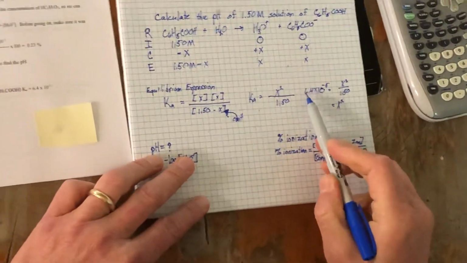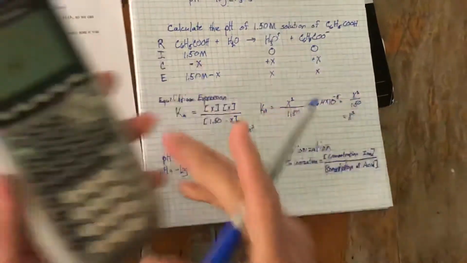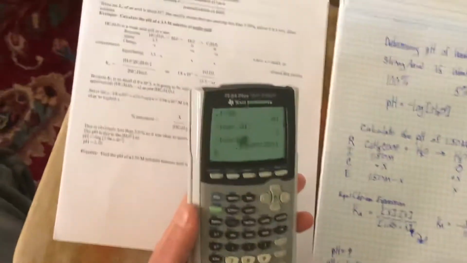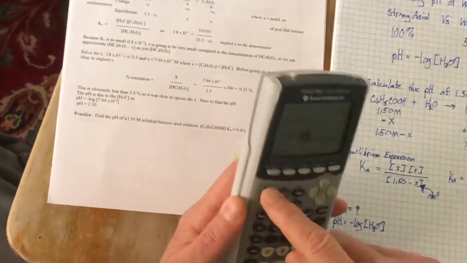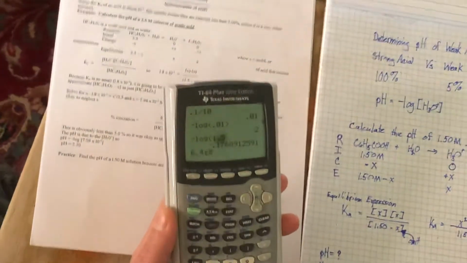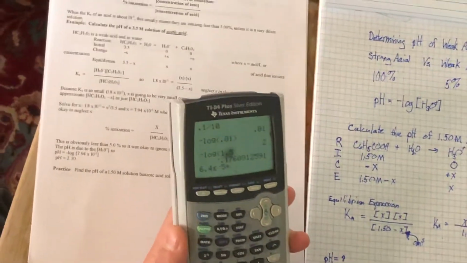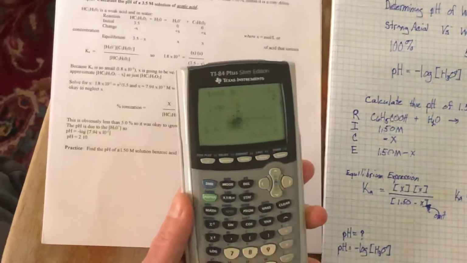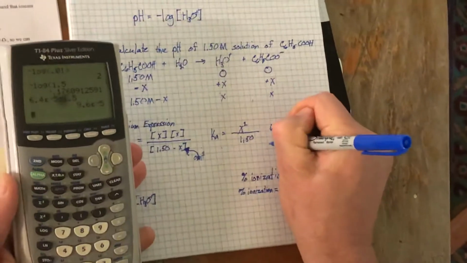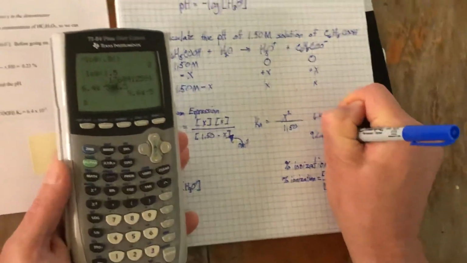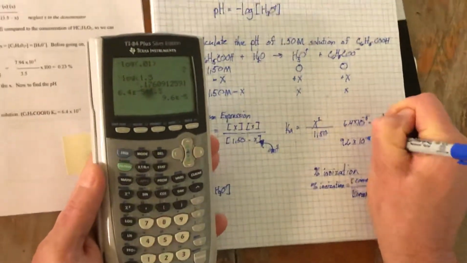So now I'm going to go about solving for my x squared. I get 6.4 times 10 to the negative fifth, times 1.5. So I'm going to end up with 9.6 times 10 to the negative fifth.